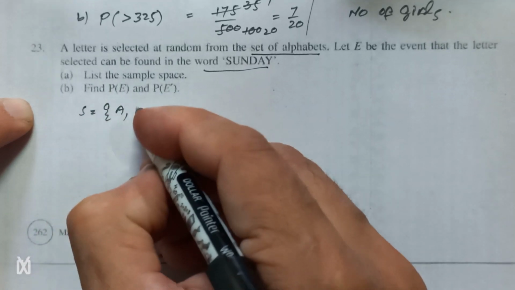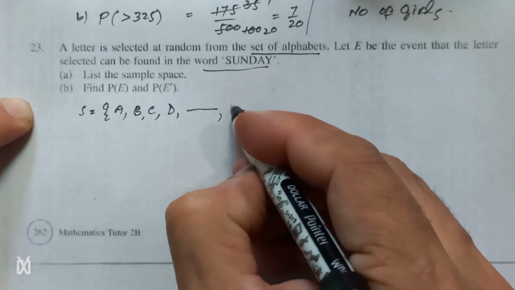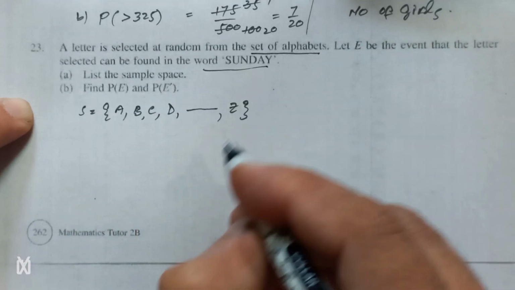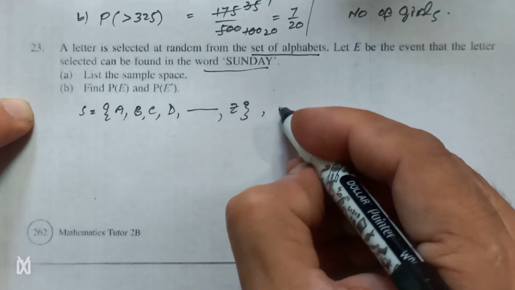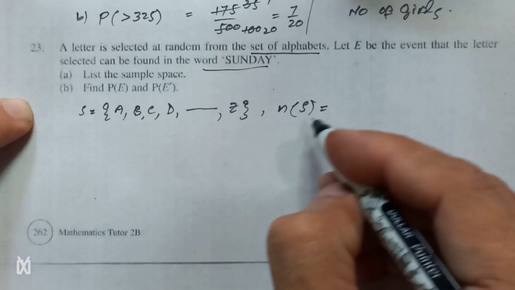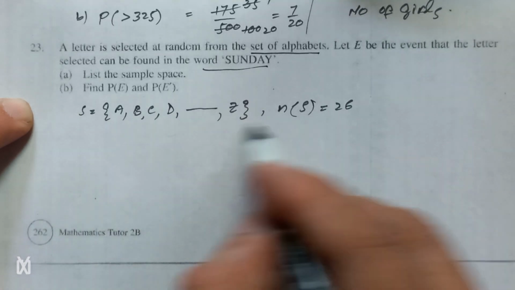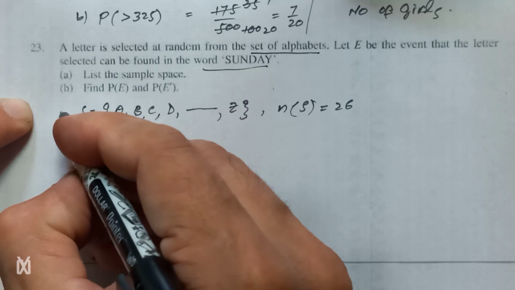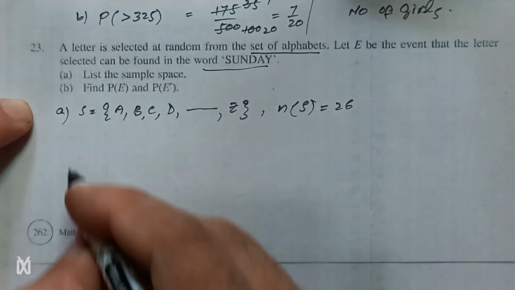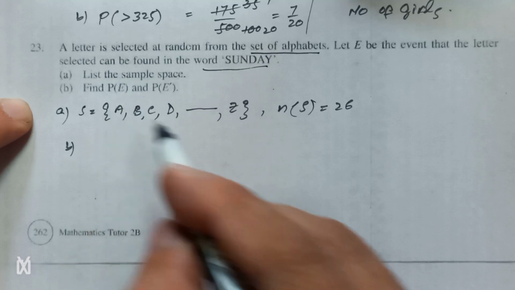So A, B, C, D up to Z. And in total, there are 26 alphabets in English letters. Okay, this is the sample space of the question.